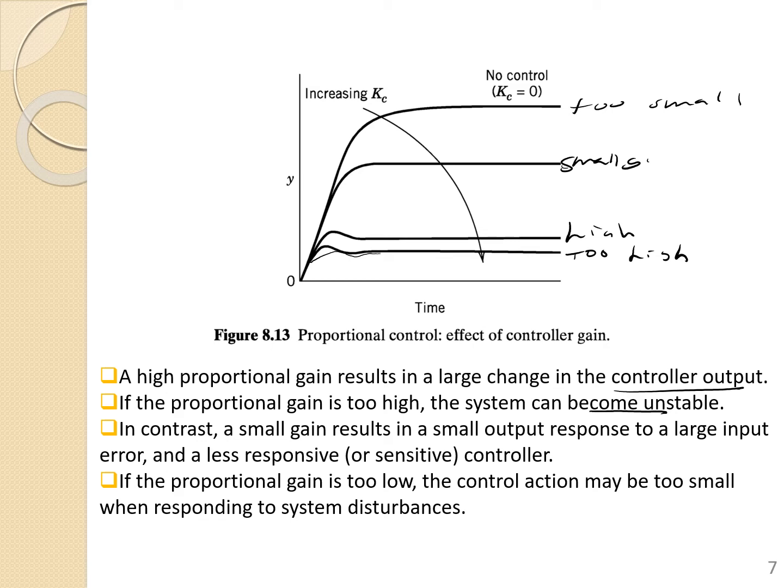So if the proportional gain is too low, the control action may be too small when responding to the system disturbance. That means it's no use we use the proportional controller if the gain is too small, because they cannot take an action.